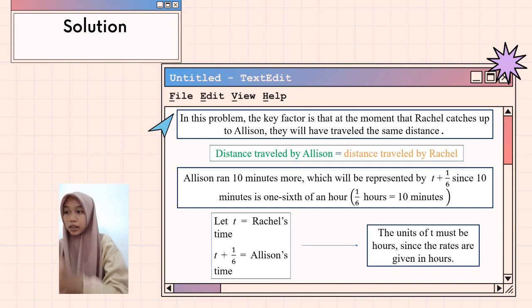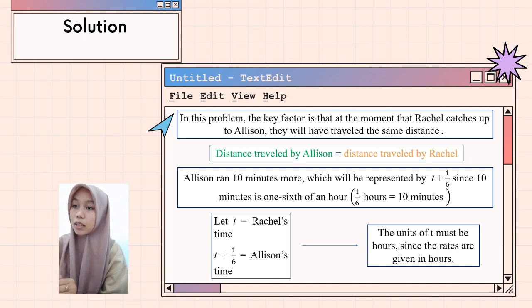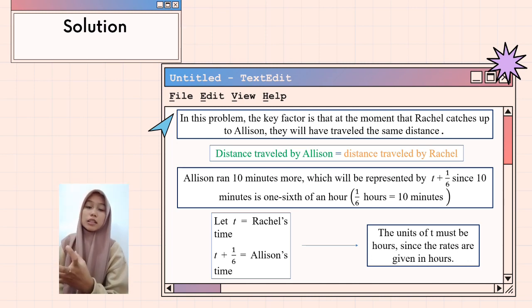The question is, in this problem, the key factor is that at the moment Russell catches up to Allison, they will have traveled the same distance. Distance traveled by Allison equals distance traveled by Russell.